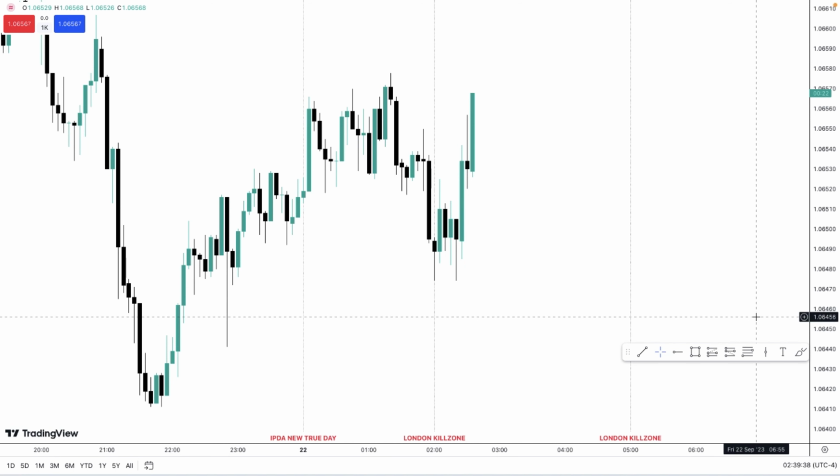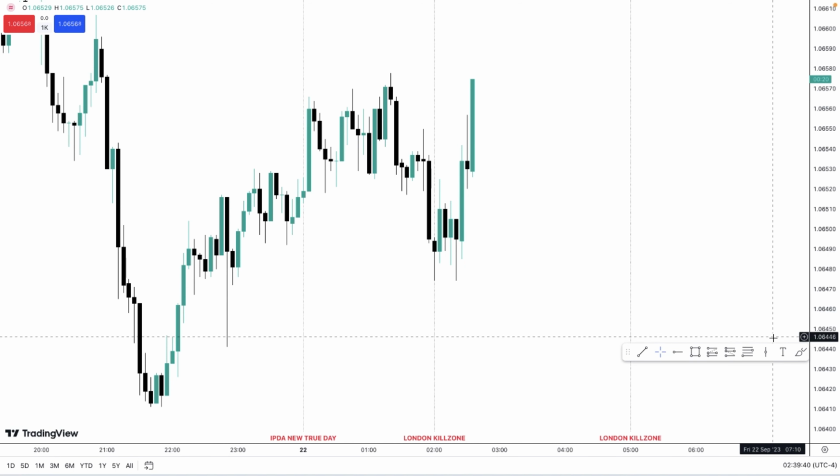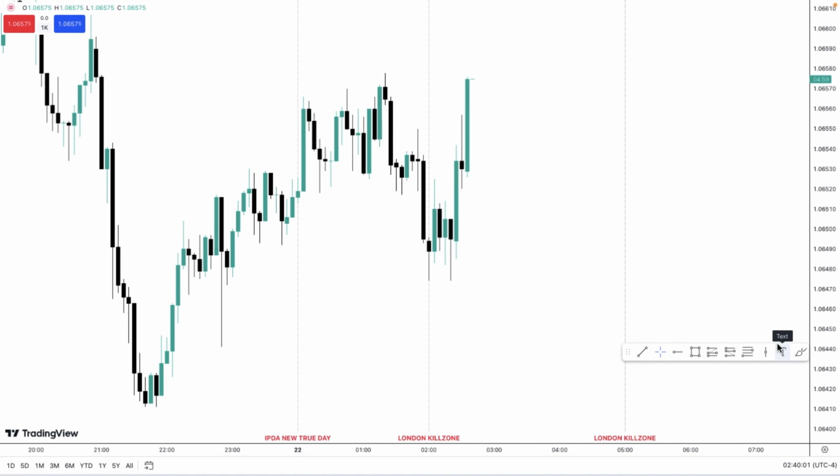Guys, what makes the London Killzone so special is that if we are bearish for the day, the high of the day will most likely be formed in the London Killzone. If we are bullish for the day, the low of the day will most likely be formed in the London Killzone.